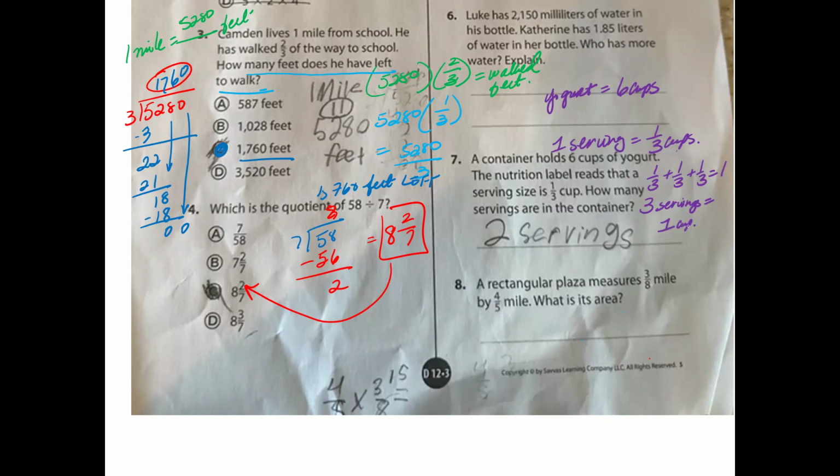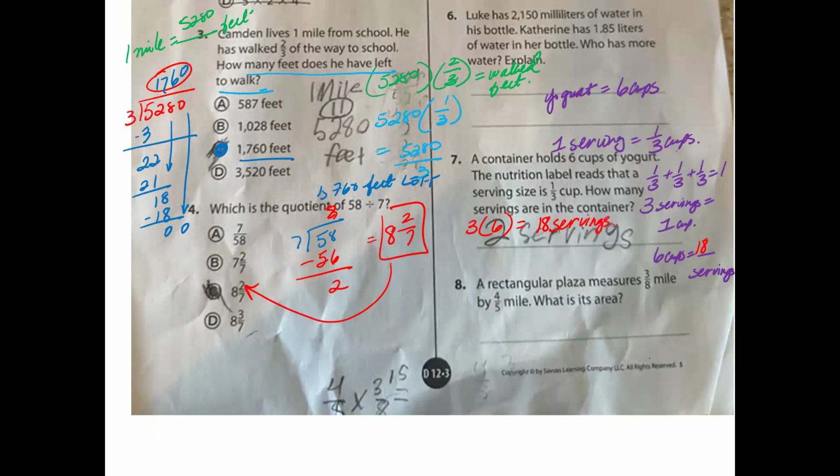If 3 servings equals 1 cup, if you have 6 cups, how many servings is that? How many? 18, yeah. That would be 18 because you have to do 3 times 6 equals 18 servings.